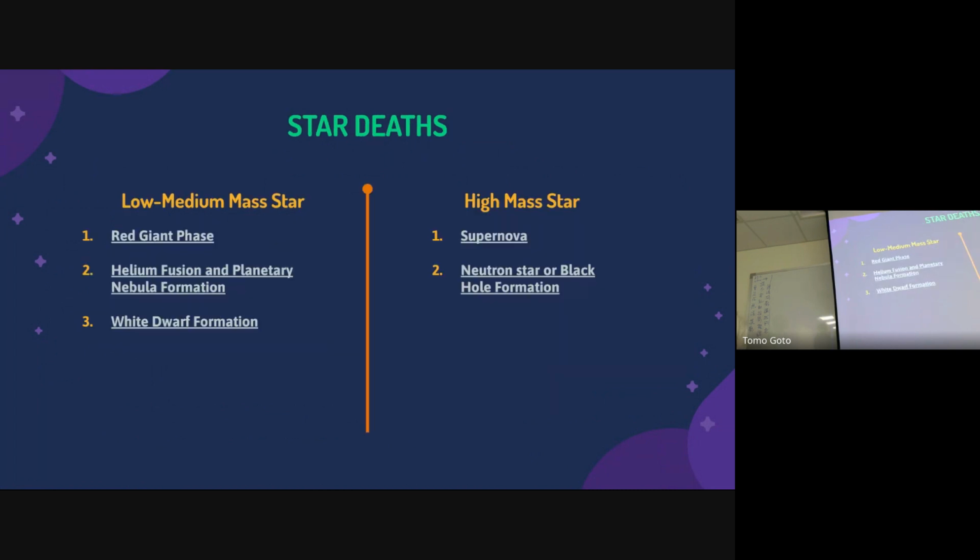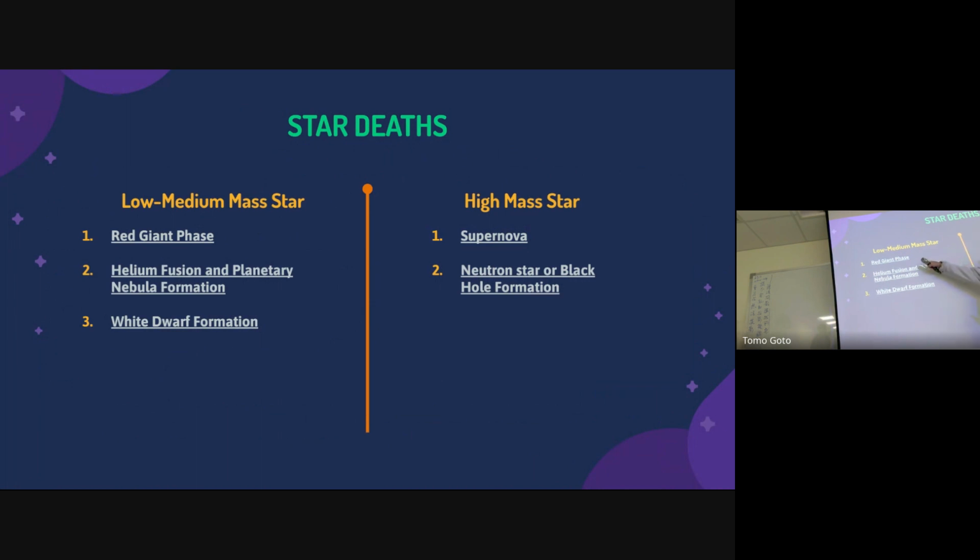Next. So here we are talking about the star death. We can divide it into 2 sections. The first is the low to medium mass star, and the other is the high mass star. For the low to medium mass star, with a solar mass less than 10, like our Sun, there are 3 steps for the death.